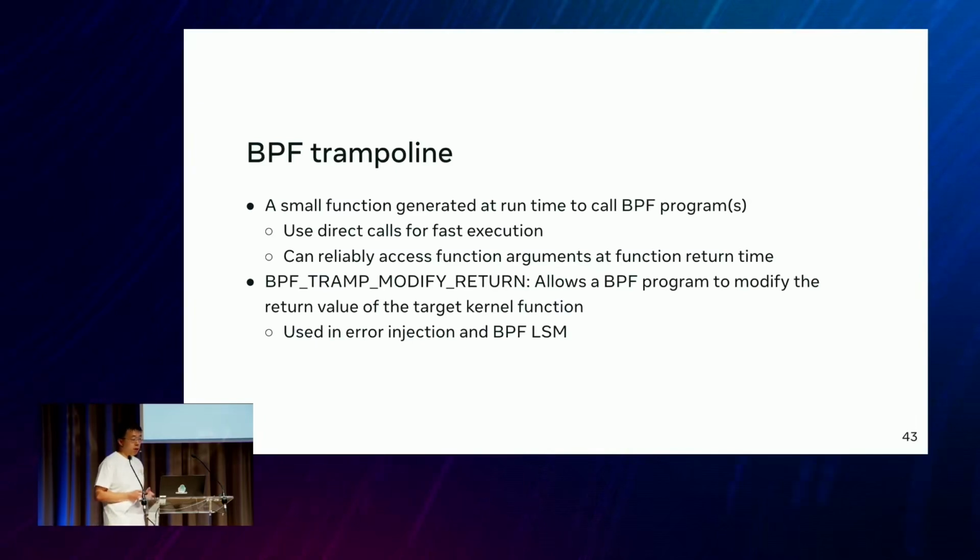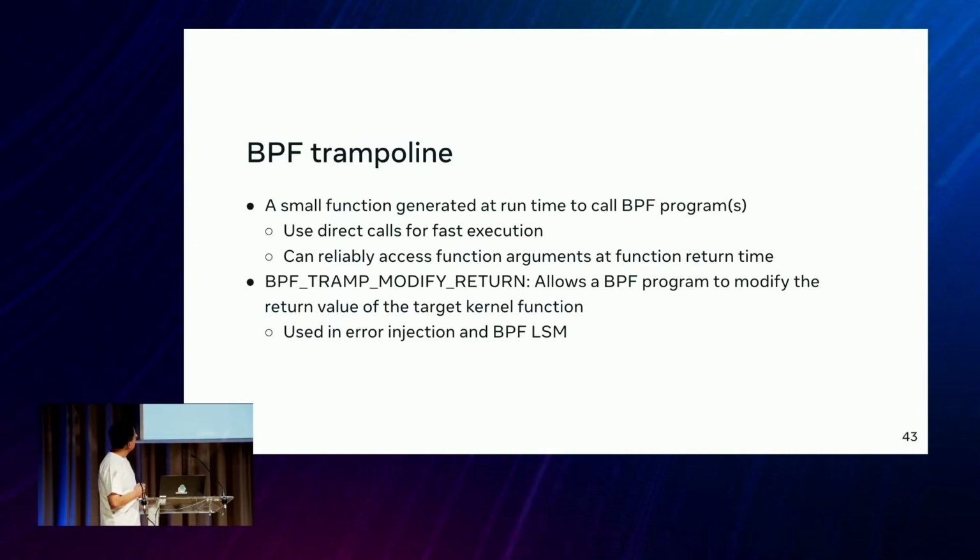The BPF trampoline is a small function generated at runtime with a JIT engine, and its primary work is to call a bunch of BPF programs. There are a few benefits. First, it uses direct calls to the BPF program, so it's faster, especially when you call multiple programs on the same hook point.